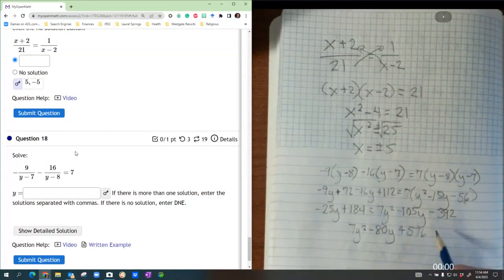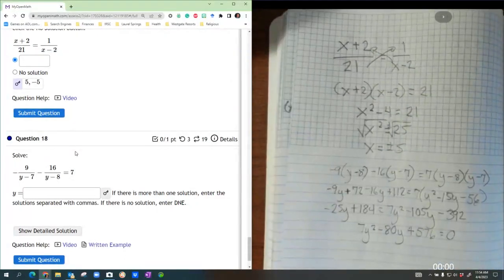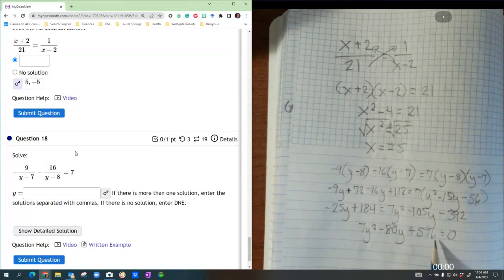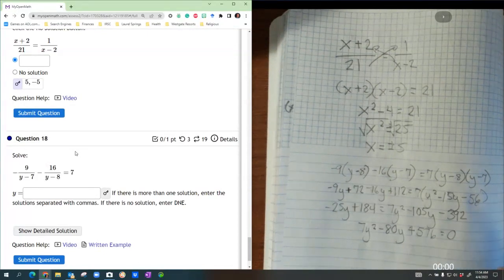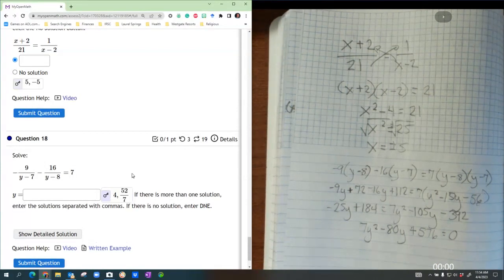Now this is a very, very big number system. From this point forward, you have to factor this and then figure out what the two values are. I don't agree that they should have such an incredibly large value system, so I'm not going to proceed with this.